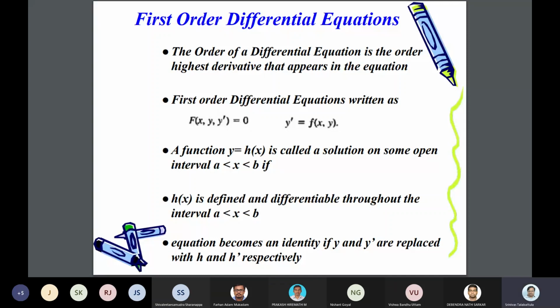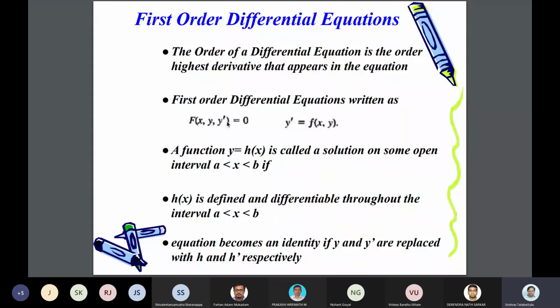F of x, y, y dash. I mean, f is any general functional form, not differential form, like any other function of several variables x, y, z. Suppose you have a function of x, y, z, then you can say f of x, y, y dash is the general form of a first order equation. Only first degree is available.